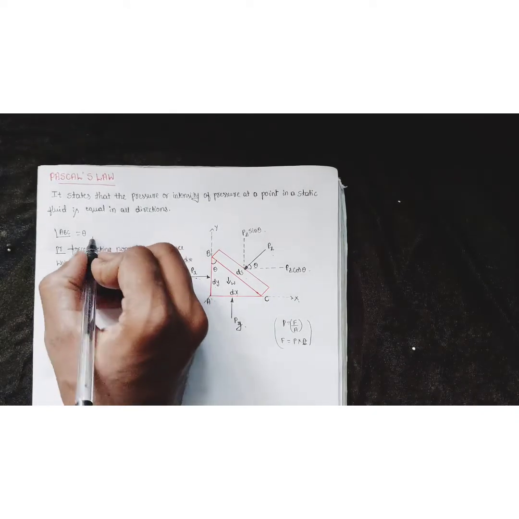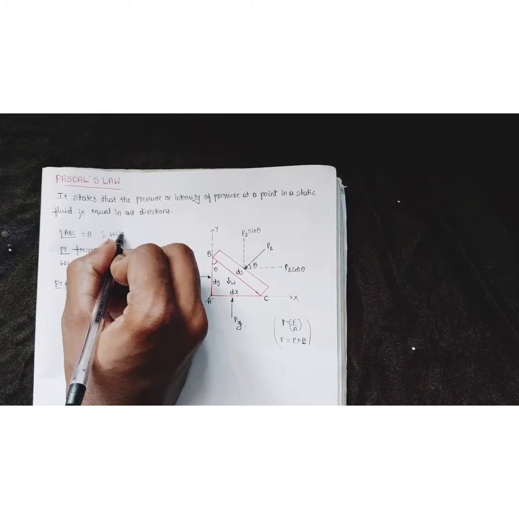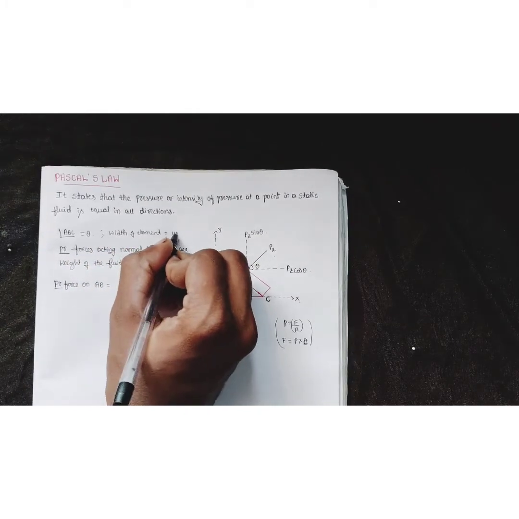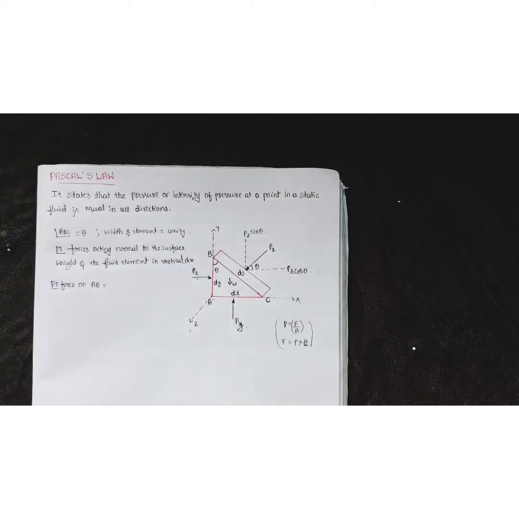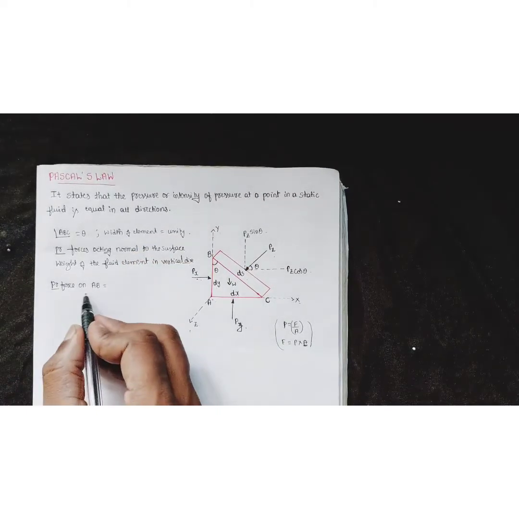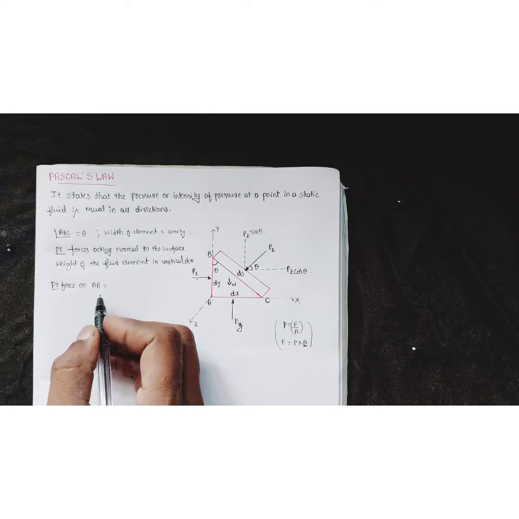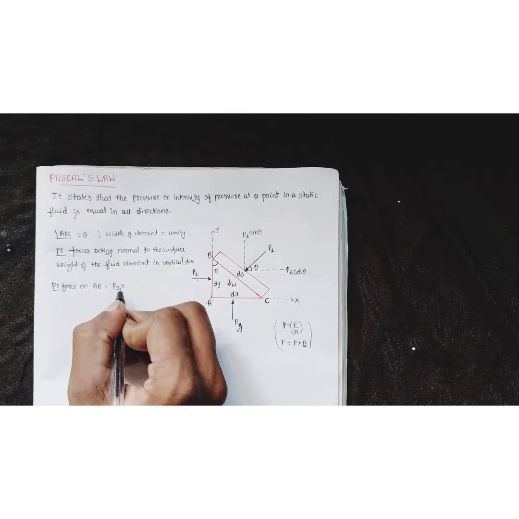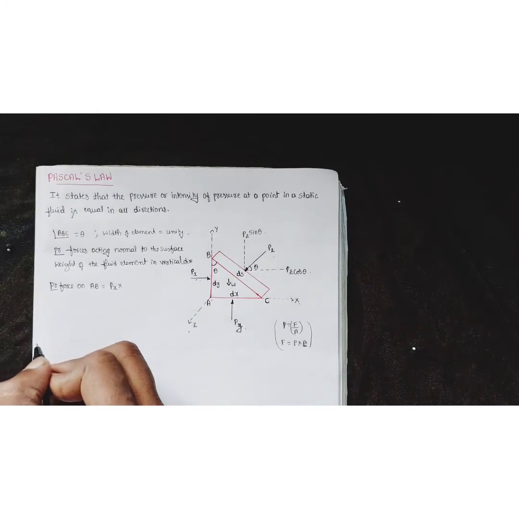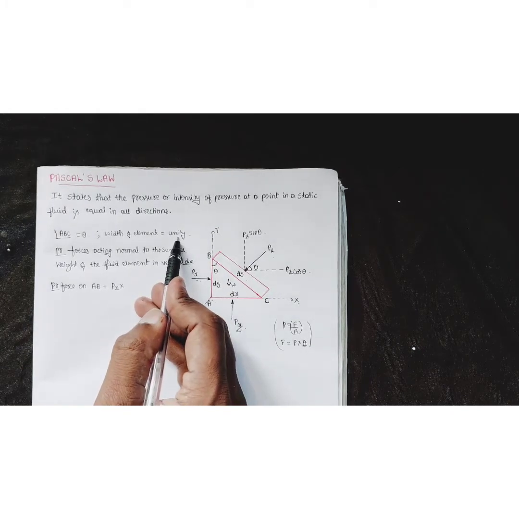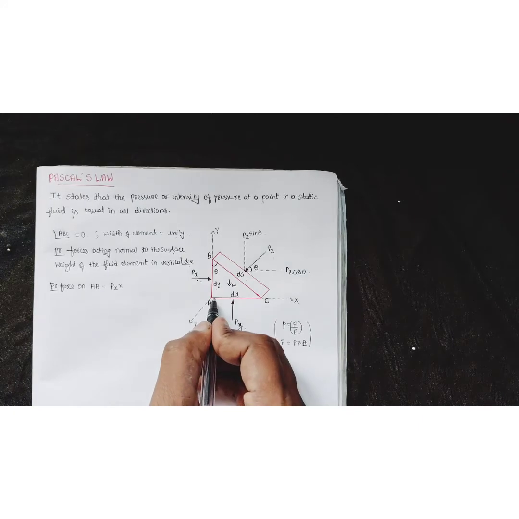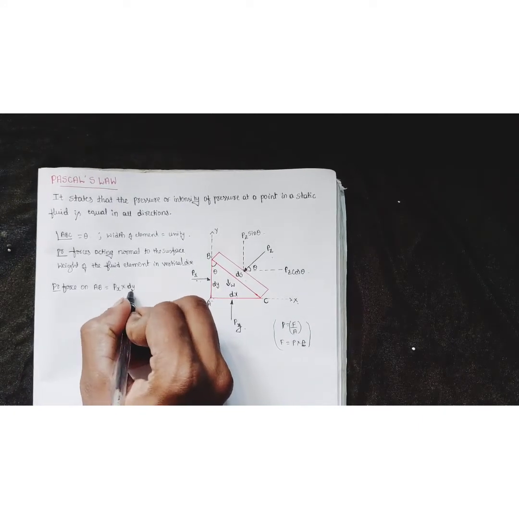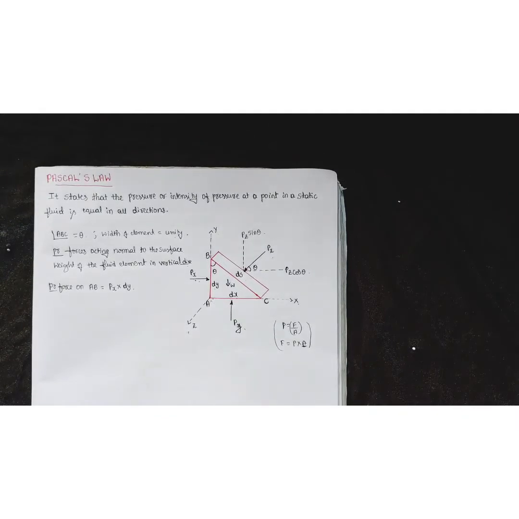So the pressure force acting on AB can be determined as the pressure acting on phase AB, that is Px, into area, length into width. Width we have already considered 1, so no need to take this one. And the length of phase AB is nothing but dy. So this is the pressure force acting on phase AB.